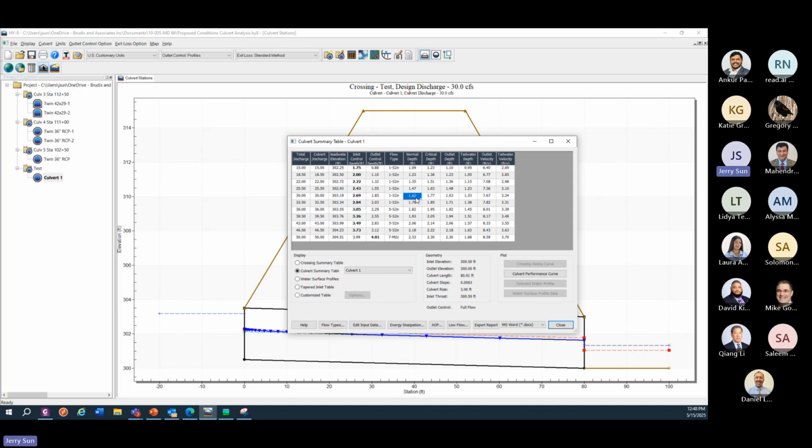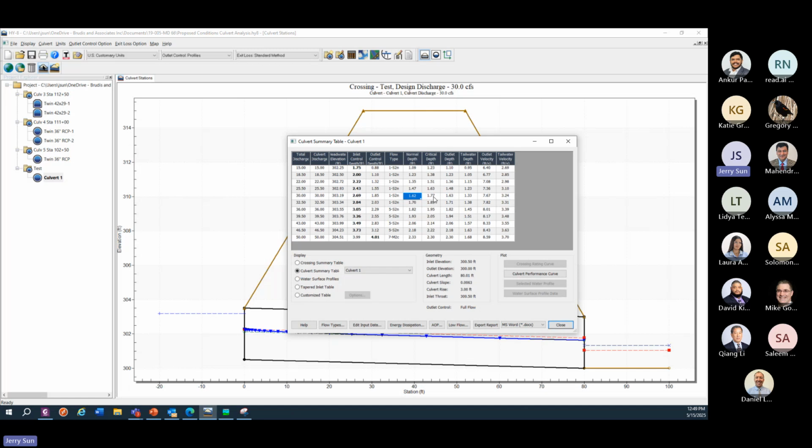the normal depth in the culvert, and critical depth. What happens if the critical depth is less than normal depth? That means the flow is supercritical. To simply understand, this is where the flow is large.